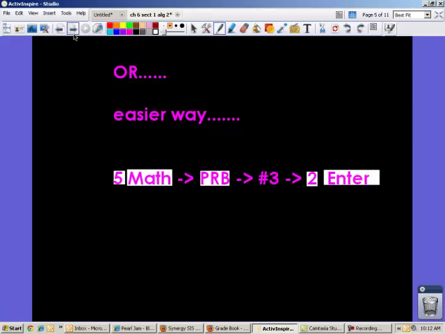That brings up the combination. Then you push 2 so that you can type in the 5 and the 2 from the original problem, and push enter. You'll get the answer that way as well. This way is so much easier, but I do want you to realize that you can get the factorial button if you choose to do it the long way.